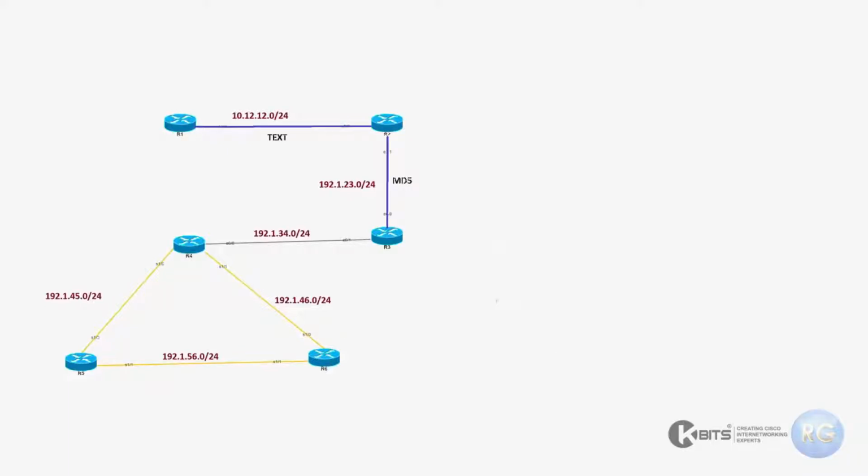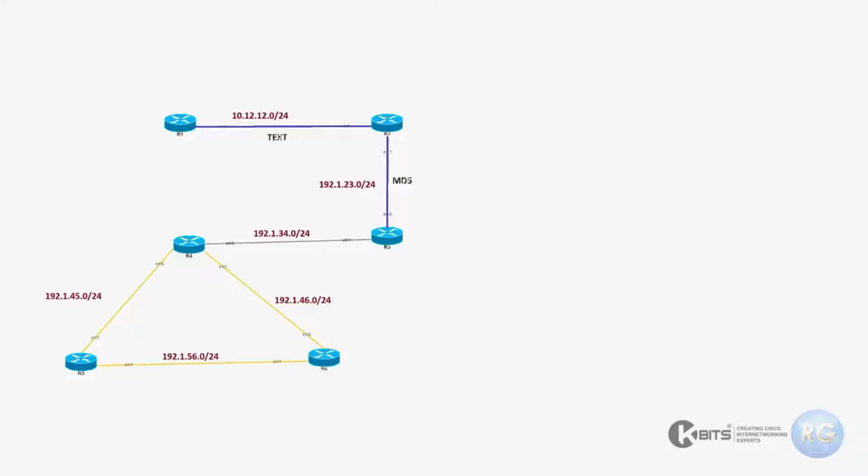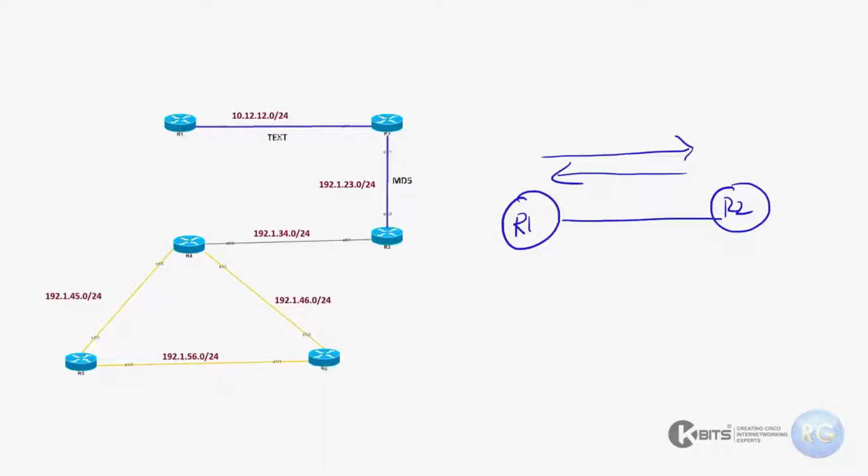Over here with EIGRP, what's going to happen before they exchange any routes? You have router 1, router 2. The first thing that they do is send hello packets to each other and establish a neighbor relationship.